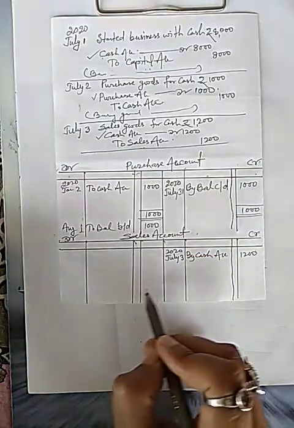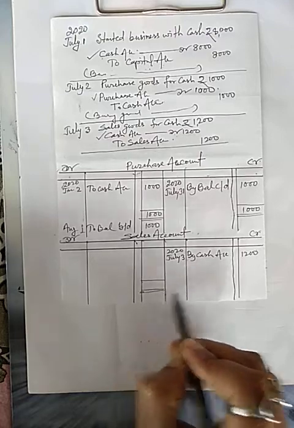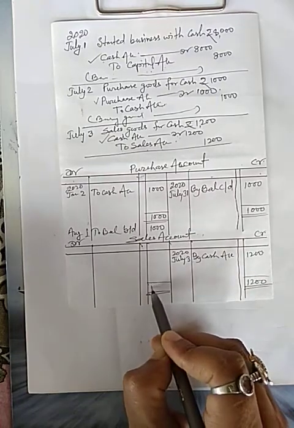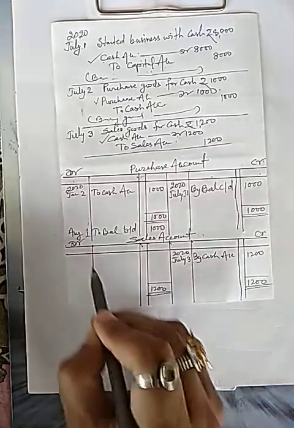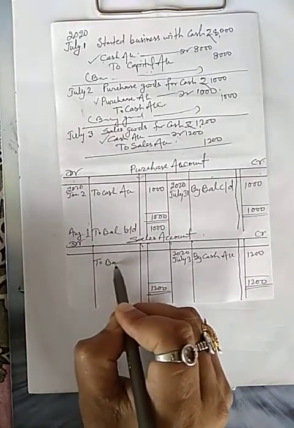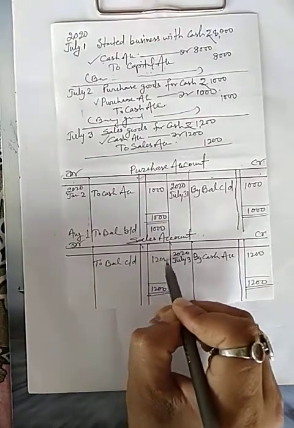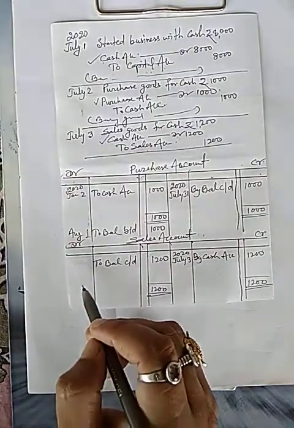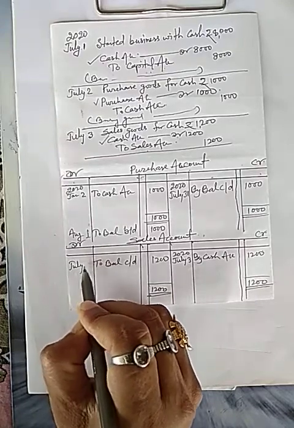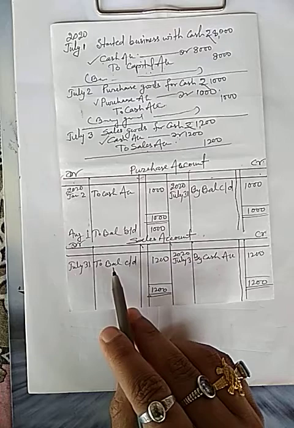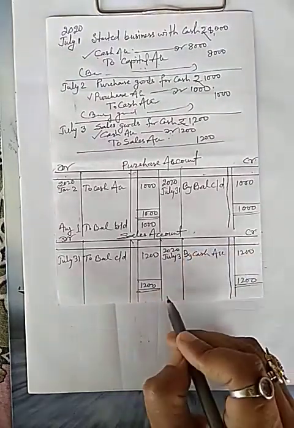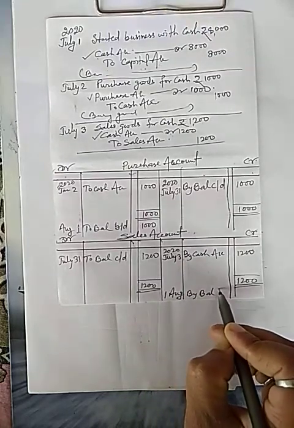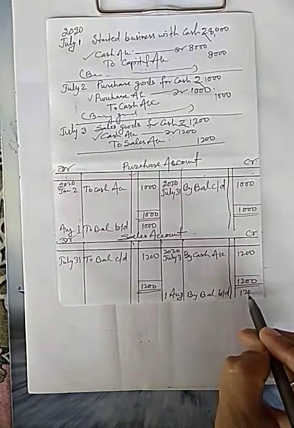Same I will do in sales account: 1,200, 1,200, and to balance c/d 1,200, because nothing is in debit side of sales account, on July 31st, and when I transfer, then on 1st August by balance b/d 1,200.